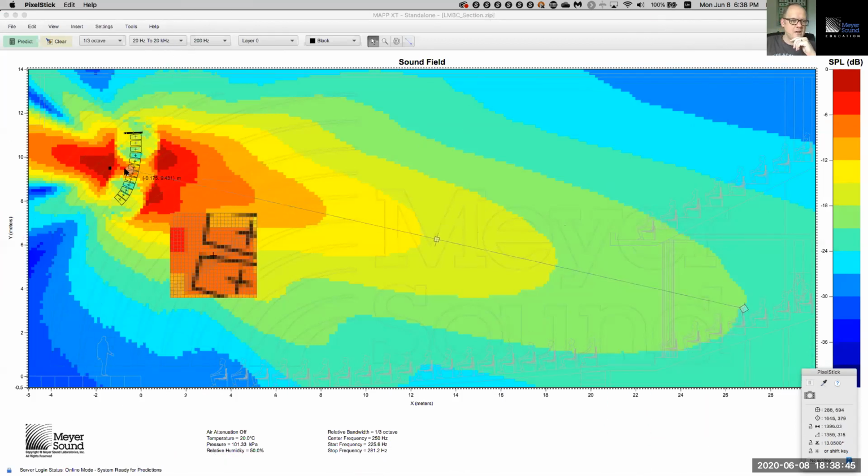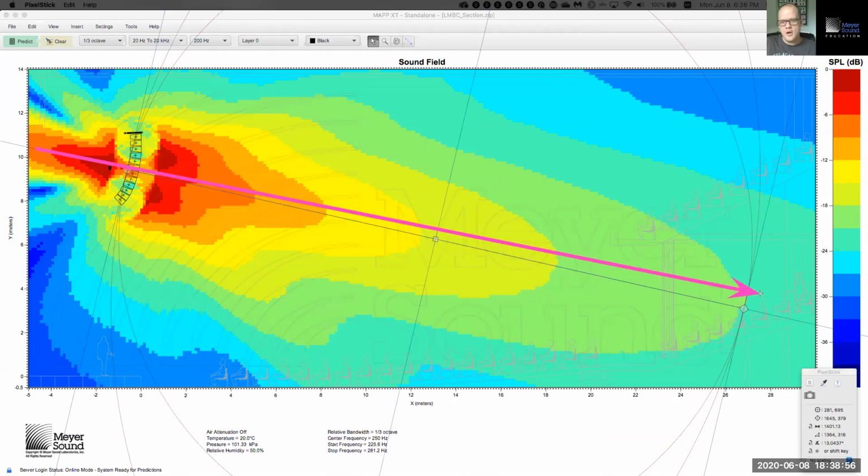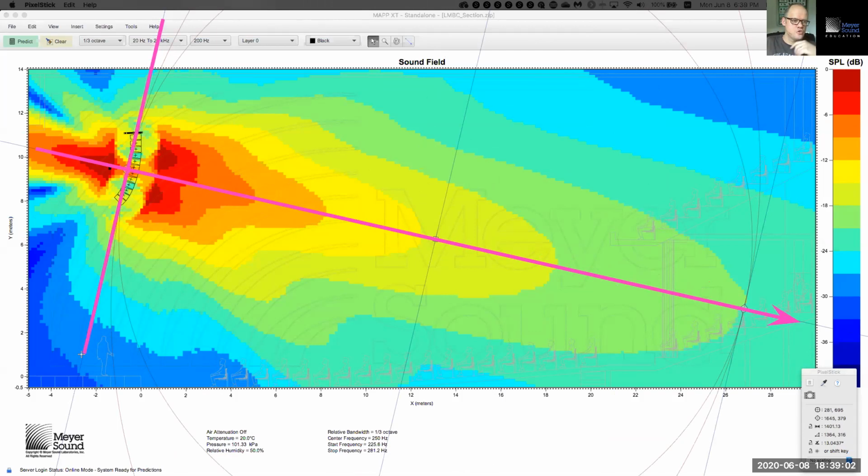And if we do that carefully, then hopefully by now you should be able to appreciate that the general direction of this beam is completely perpendicular to the orientation of the array as a whole. So if I were to draw a cross along Pixel Stick, then hopefully everybody is able to appreciate that this runs perpendicular to the array as a whole at a 90-degree angle.